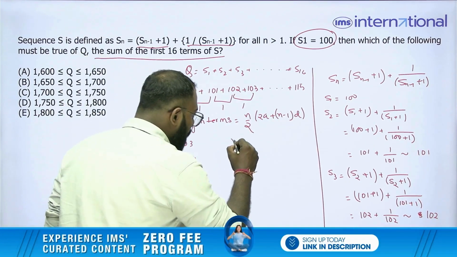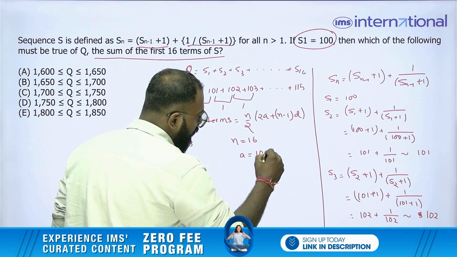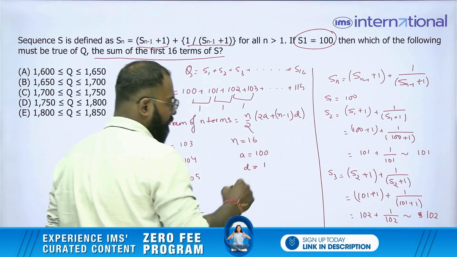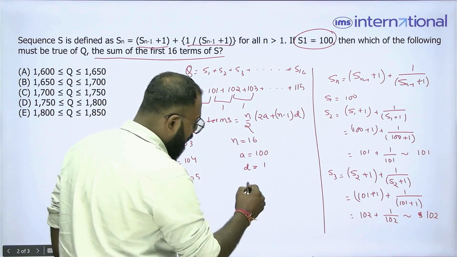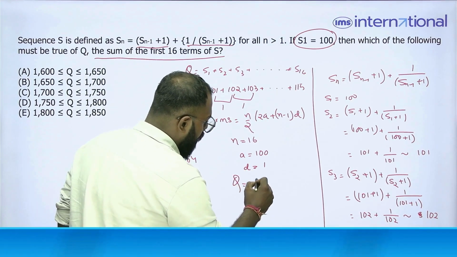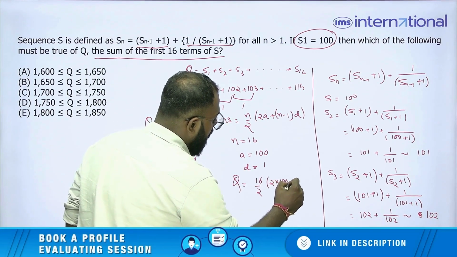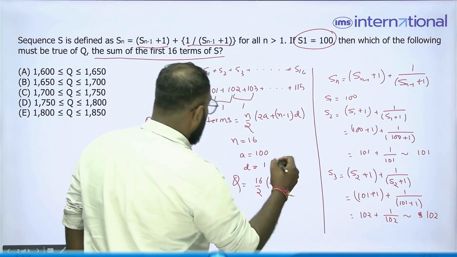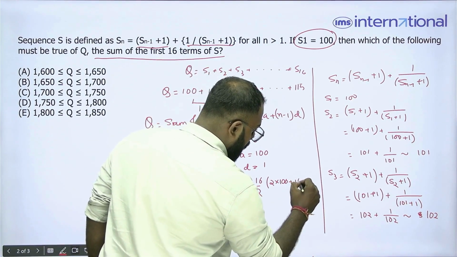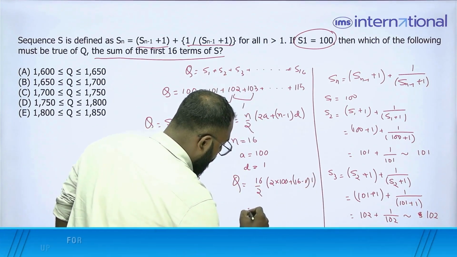In this case, my n is going to be 16, the first term is 100, and the common difference is 1. Putting these values, I can get the sum, the Q, the sum is equal to 16 by 2, 2 times 100 plus 16 minus 1 into 1.